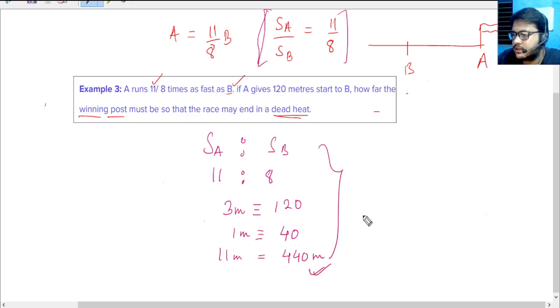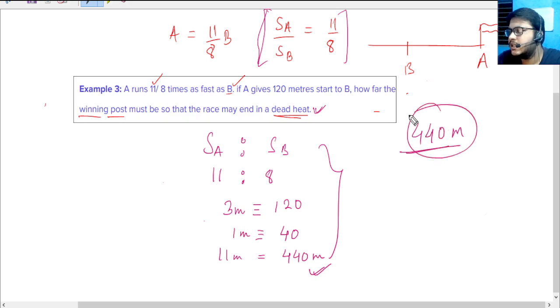So the answer to this question, how far the winning post must be so that the race may end in a dead heat, is that if it is kept at 440 meters, the race will end in a dead heat. Because if you multiply, this will become 440, and this will become 320.